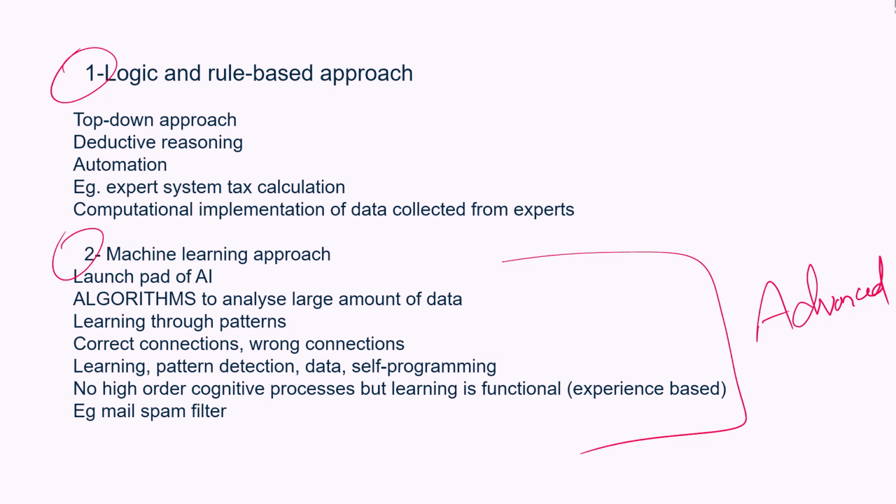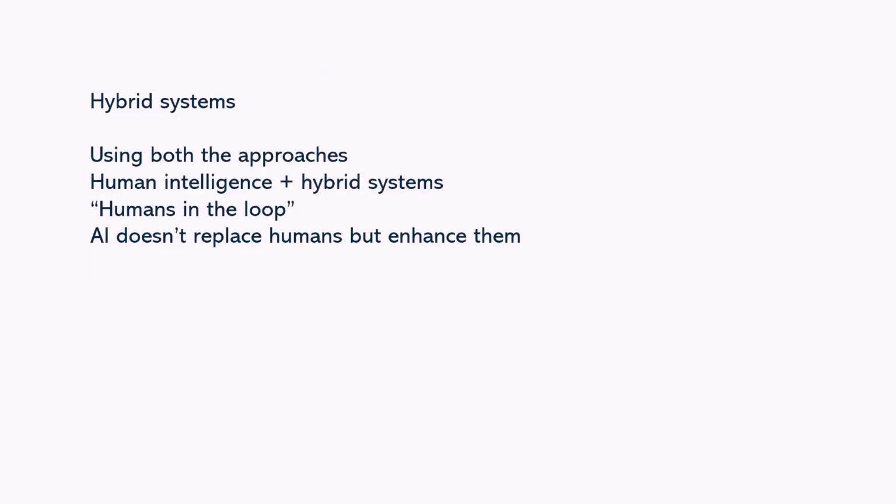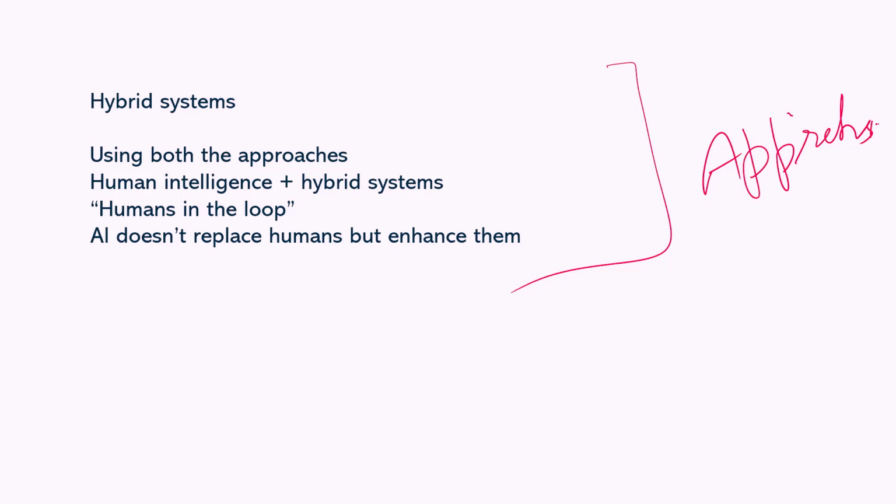and even otherwise. There are also a couple of models where hybrid systems or hybrid AIs are used, using both approaches, rule based as well as machine learning based, and this brings the apprehension of replacing the human, or enhancing the role of AI in the society or in the legal system.